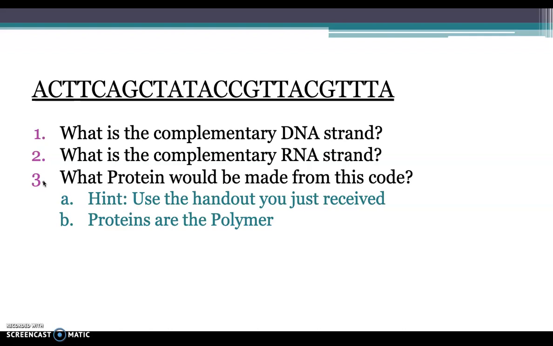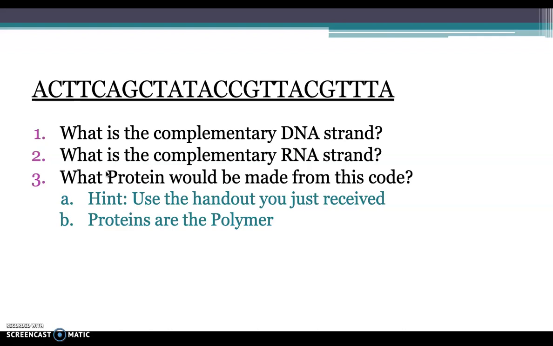Okay, very good. So hopefully you have that correct. Now I want to talk about this. The purpose of RNA is to make proteins. So the DNA gives the code to the RNA, and then the RNA is what codes for the proteins to be made.